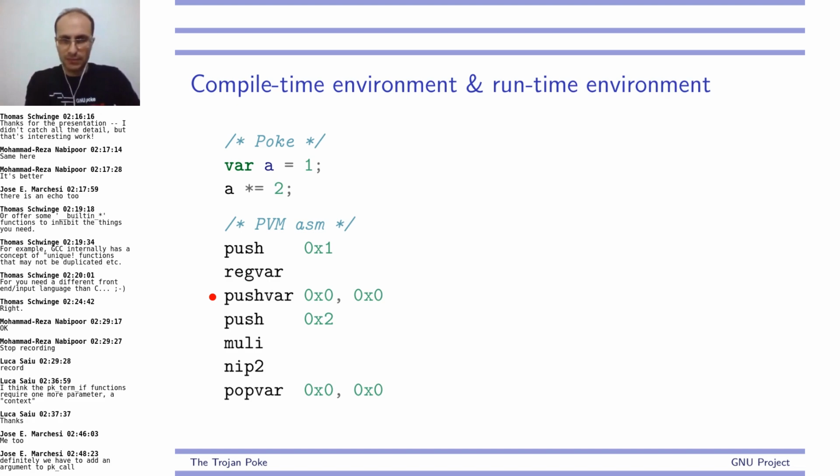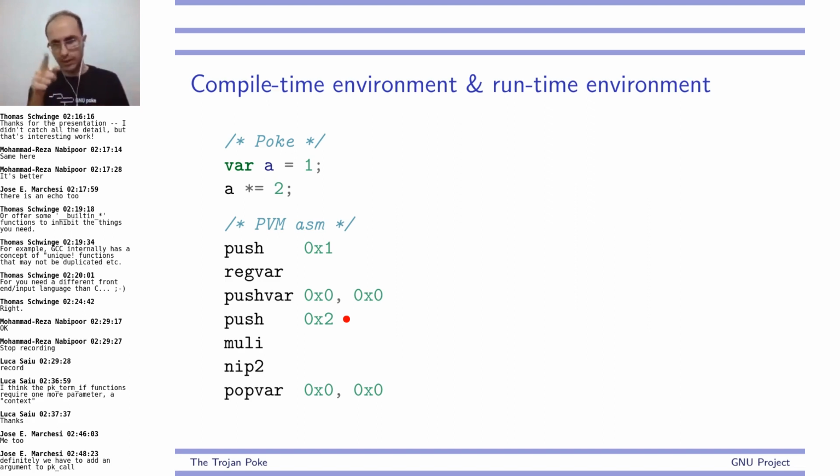But for the next instruction, we are going to push var again from this lexical environment, the first entry. So put the first entry of the current lexical environment on the stack. So the 1 will be the content of variable a, and then push another object on the stack too, and call mul I, which is multiplication for integers.